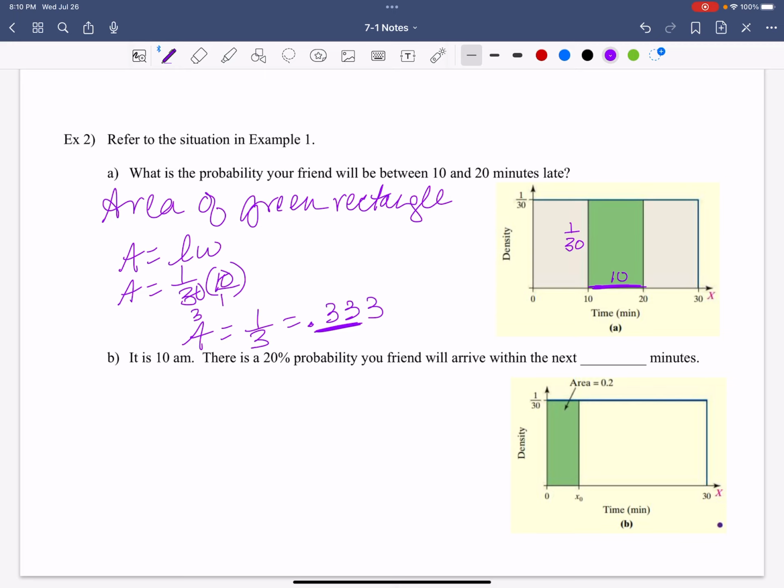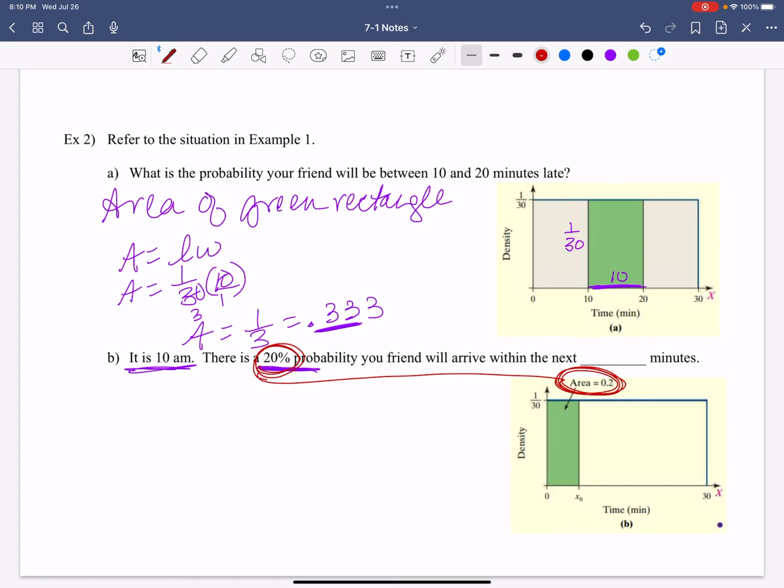So let's make another way to figure this out. It's 10 a.m. So let's put some time to this. Instead of just generic minutes late, let's put a time to this. There is a 20% probability your friend will arrive in the next how many minutes? So this 20% probability means that the area we're looking for is also set up as that probability.